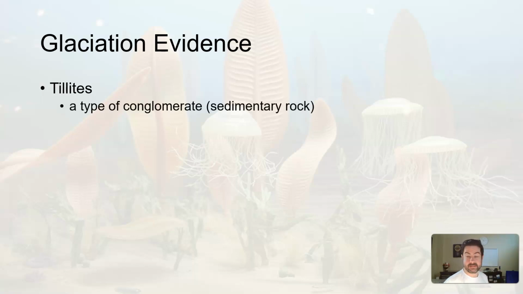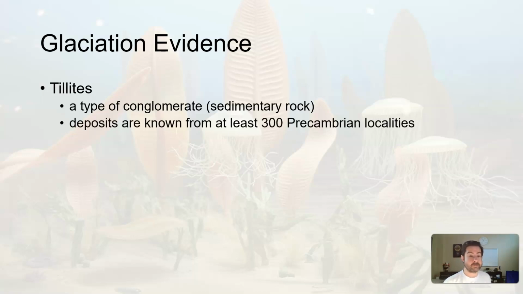So tillite is a type of conglomerate rock, which is a sedimentary rock, where you get a bunch of random rocks of different sizes that lithify, turning into this type of conglomerate called a tillite, which is specific to sediment deposited by a glacier. There are at least 300 Precambrian localities where these tillites are located. So tillites are one such piece of evidence.